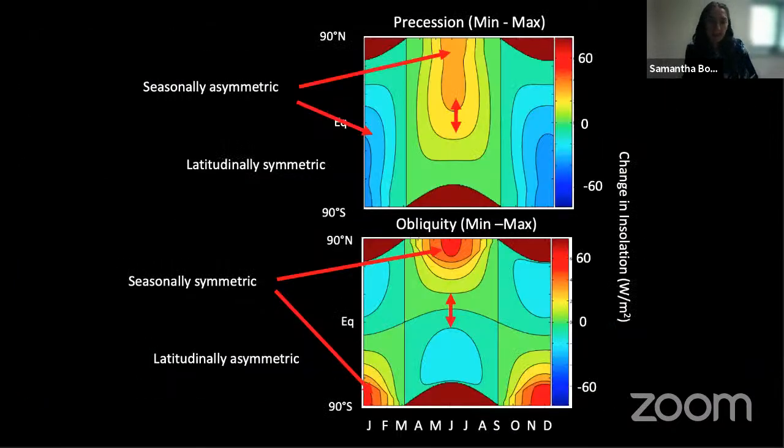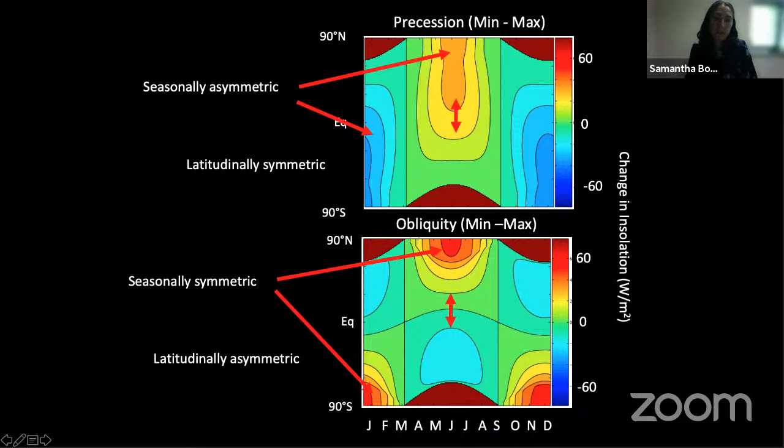The precession influence on expansion and contraction was explained in part because of interhemispheric temperature gradients. But of course, obliquity is also often thought about as having a similar impact through changes in the pole-to-equator temperature gradient.